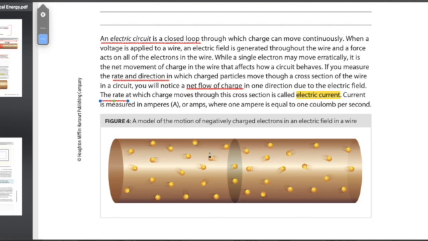Now in figure 4 here, what they're trying to show us is a cross-section of the wire. That's what that gray area there is, a cross-section of the wire. And we have 2 electrons moving through that cross-section in that direction. And this one is moving kind of in that direction.